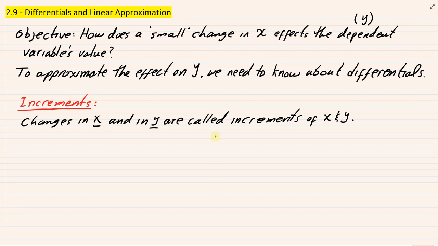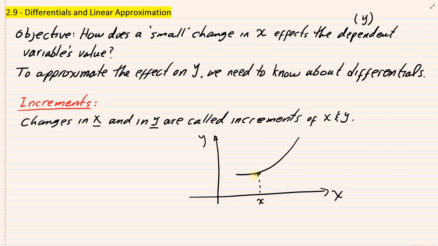So for example, let's say I have x and y here. Suppose I have a function here, and as I move from one point to another point, let's say initially we are at x here, and this would be, let's say, f of x, and then some distance later, I should say x plus delta x.